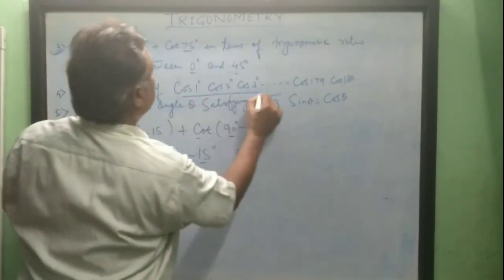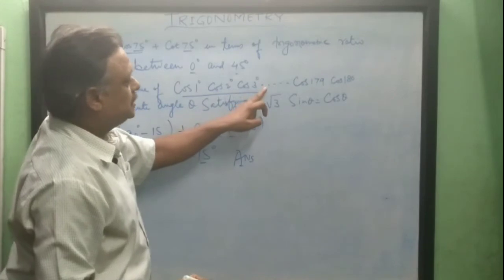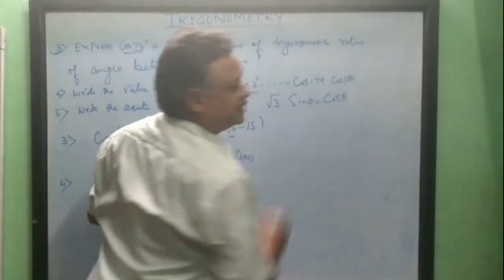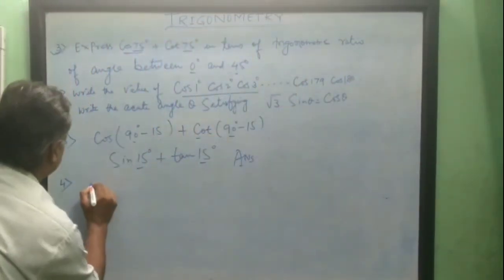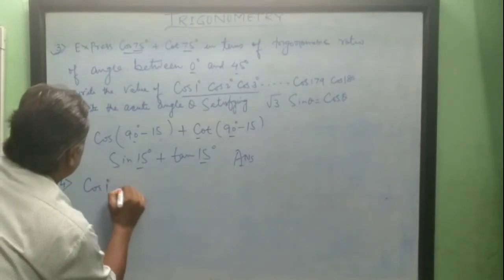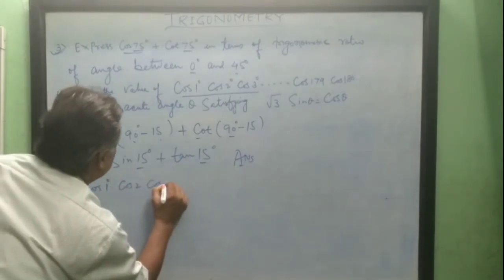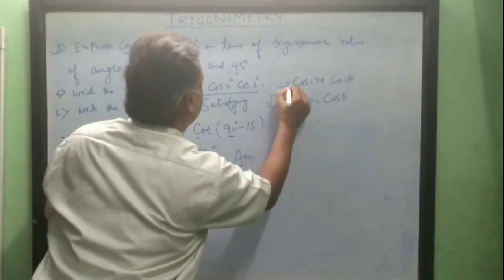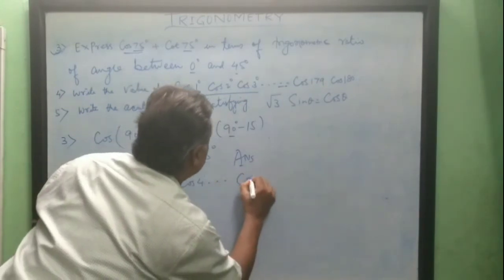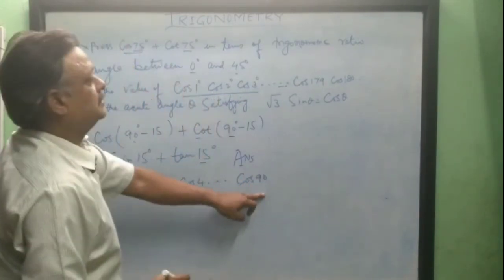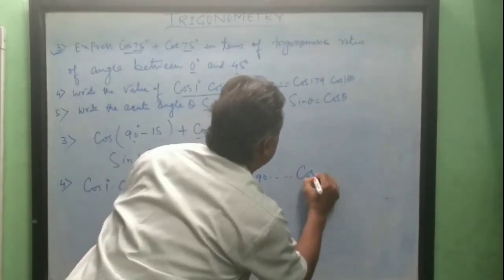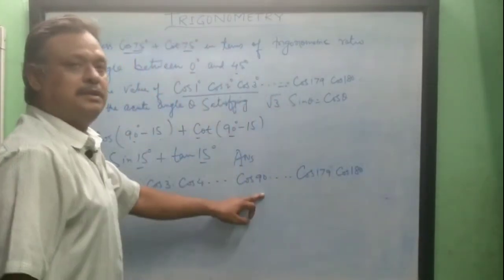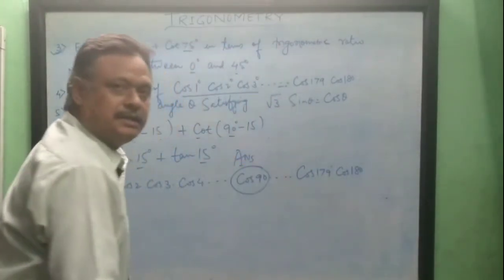Now question number 4. Write the value of cos 1 degree, cos 2 degree, cos 3 degree, cos 4 degree, cos 5 degree up to cos 180 degree. So it can be written as cos 1 degree into cos 2 degree into cos 3 degree into cos 4 degree, and in between it will be cos 90 degree, and into cos 179 degree, cos 180 degree, and cos 90 degree is equal to 0.